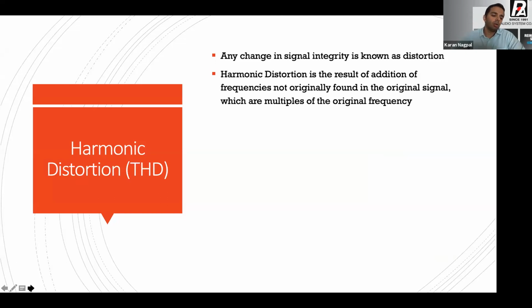If two frequencies, suppose 100 hertz and maybe 50 hertz, combine to form a new frequency, or I give a 100 hertz signal and 200 hertz or 400 hertz is generated. These are multiples of 100 hertz, and this is called harmonics, like second harmonic, third harmonic, fourth harmonic, which are multiples of the original fundamental.